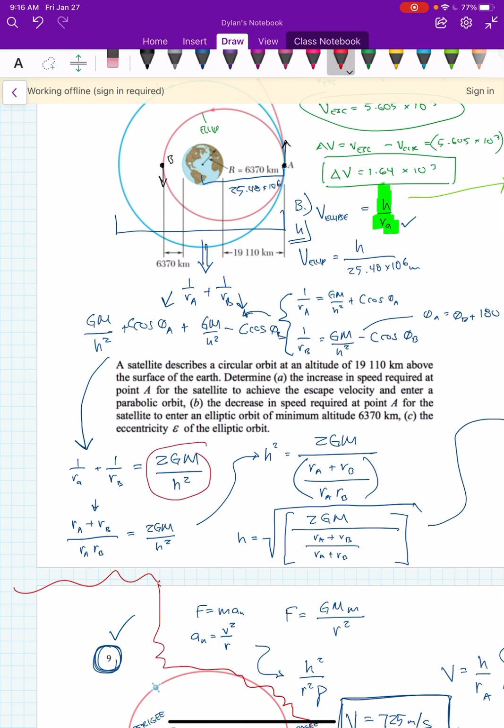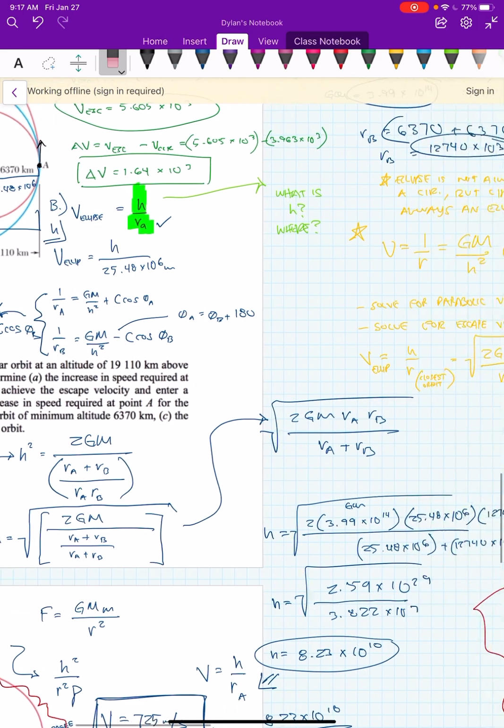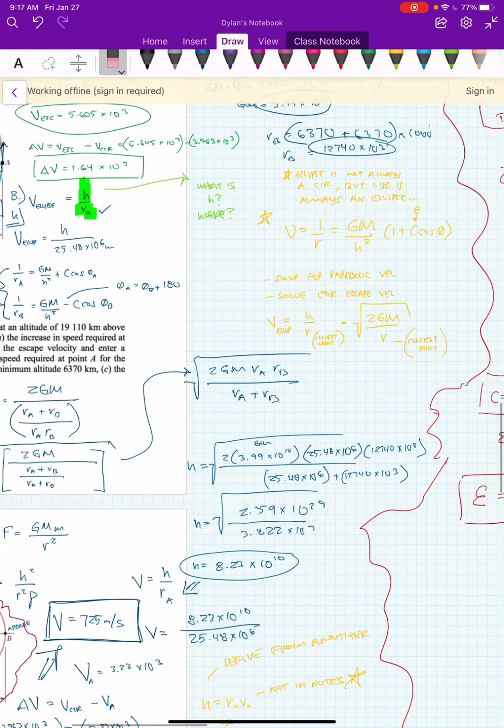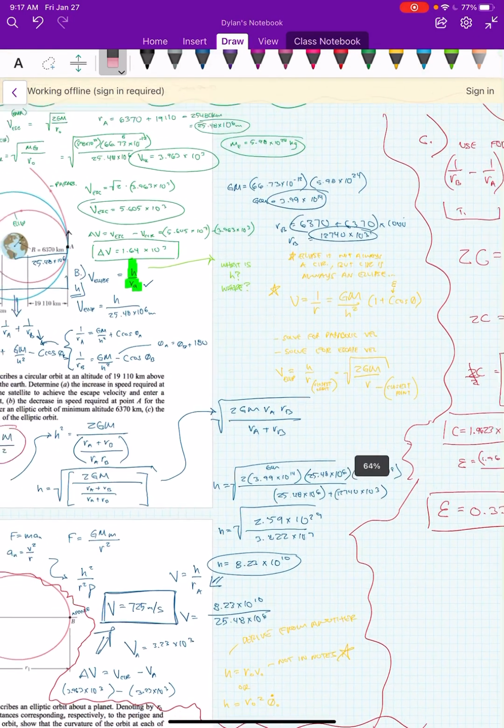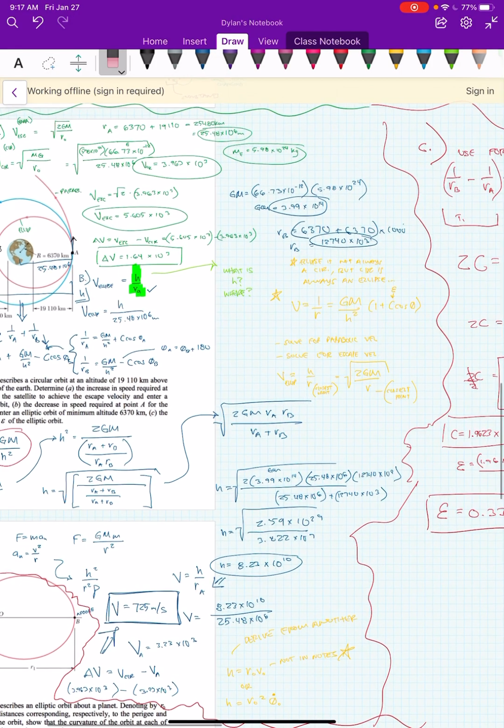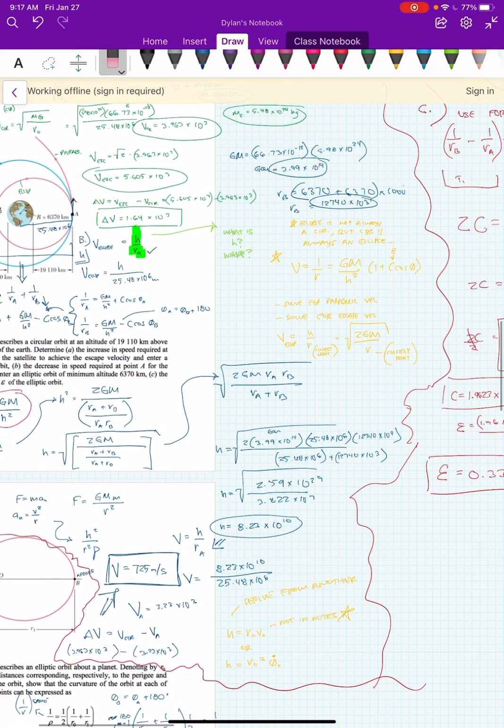And then I get like terms in the denominator for those fractions on the left side of the equation, because that's what they equal. And solve for h, plug in all of my values after converting a lot of them to kilometers, and then I get h.